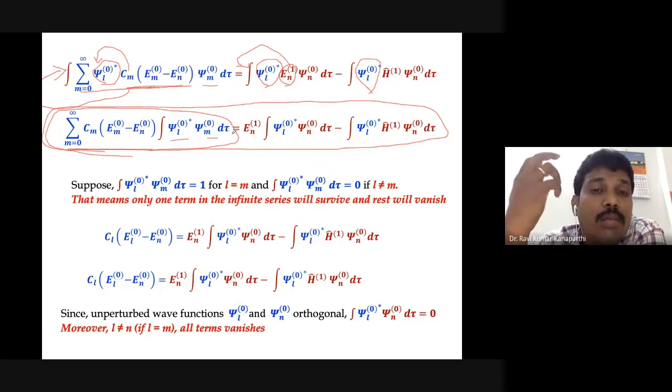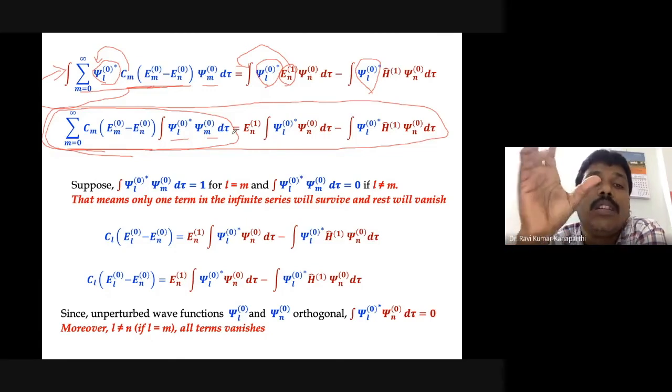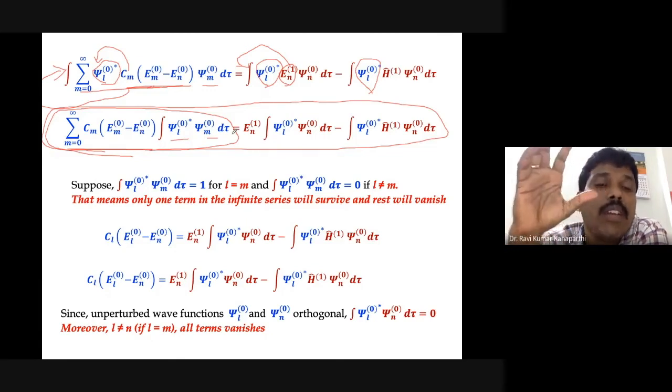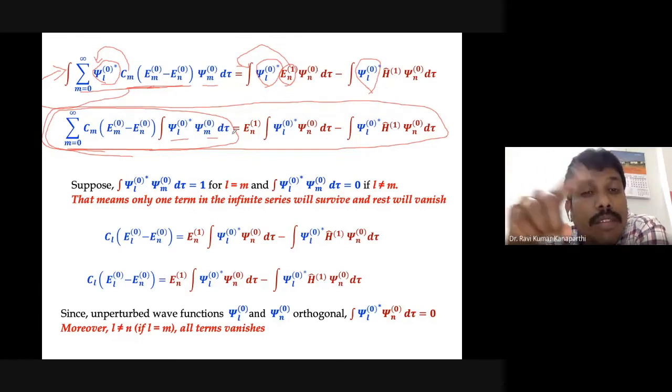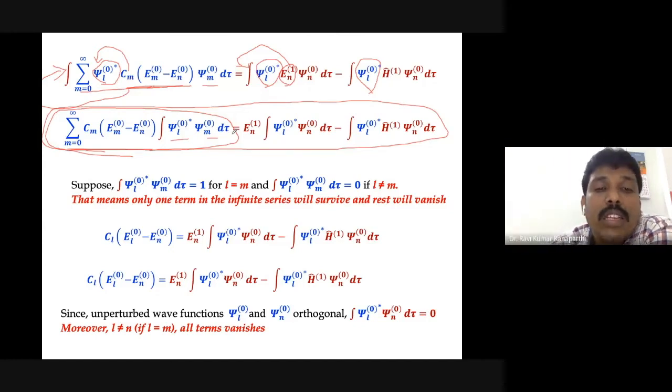If they are orthonormal wave functions, then if L and M are both equal, only that particular integral will become 1. That means that particular term will survive, and if L is not equal to M, the rest simply vanish. So what is the answer?